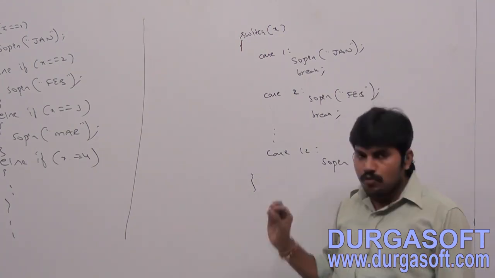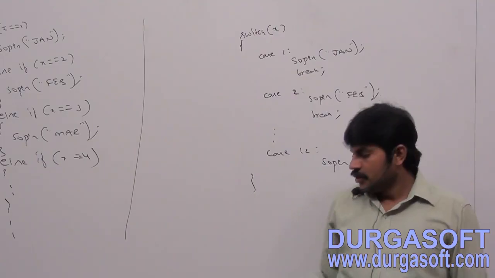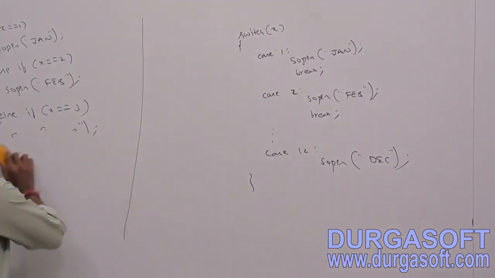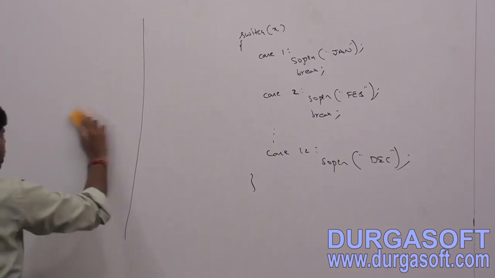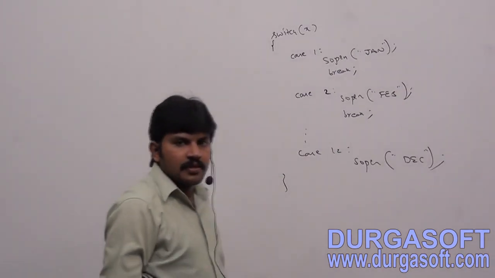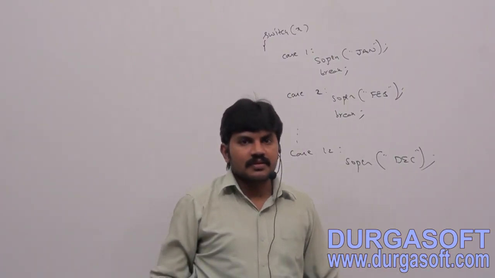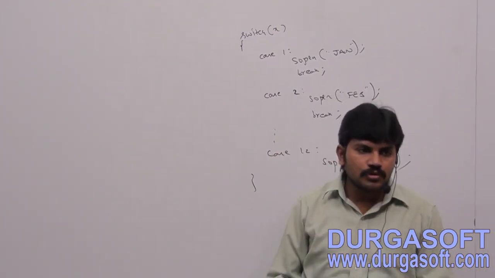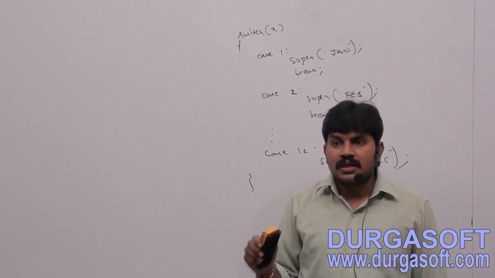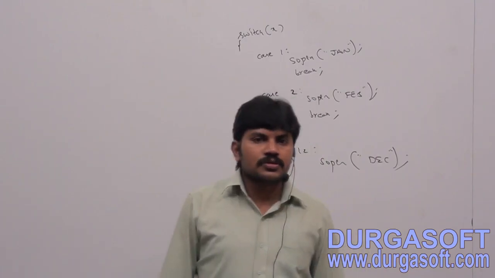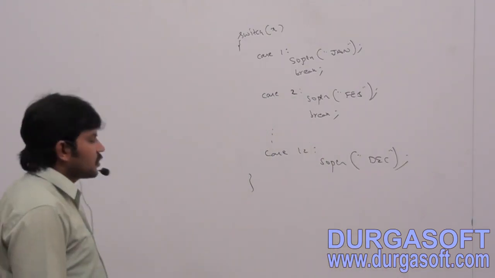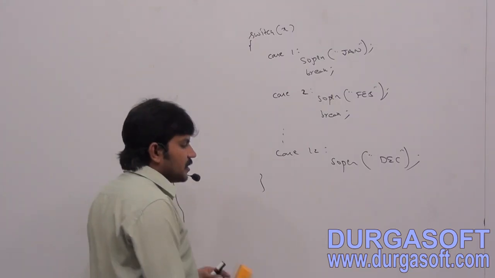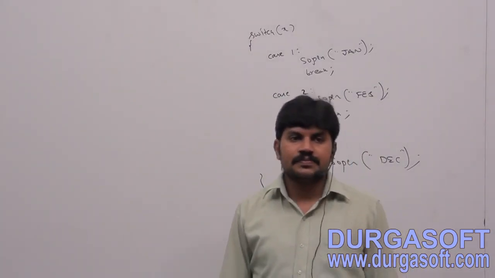What are the various loopholes, and what is the syntax? I will discuss the syntax first. If several options are available, then it is not recommended to use nested if else, because it reduces readability.